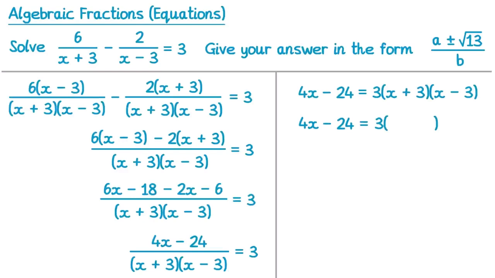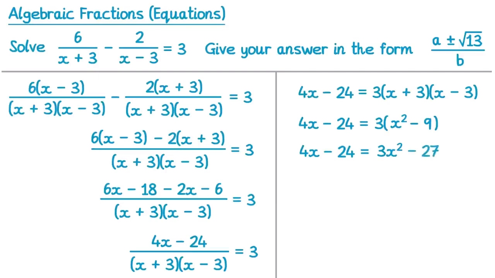If we do x times x we get x squared, and then we have x times -3, -3x, but also +3 times x, which is +3x, so those x terms will cancel, and then we have 3 times -3, which is -9. So we have 4x minus 24, and then if we expand this bracket, 3 lots of x squared is 3x squared, and 3 lots of -9 is -27.